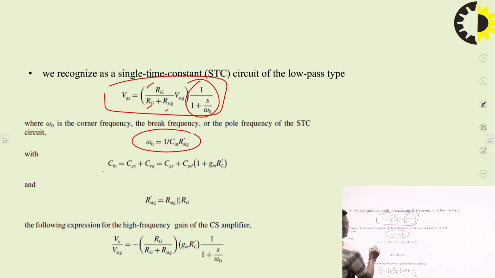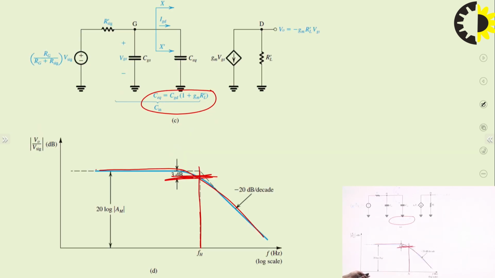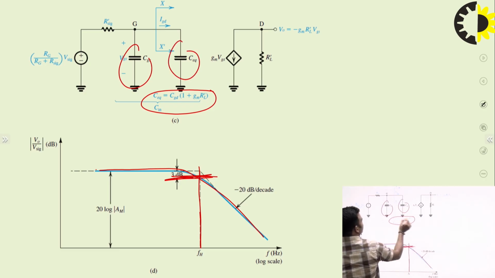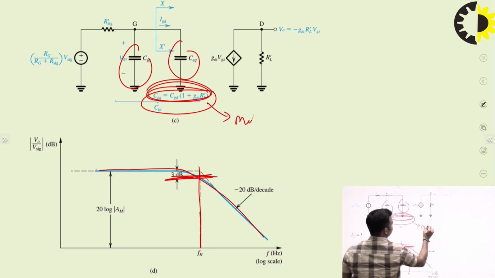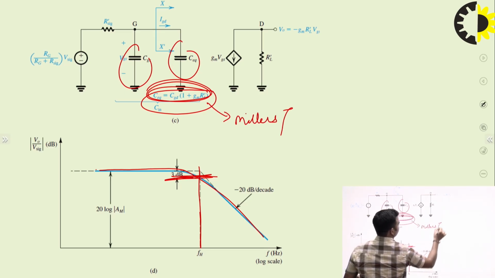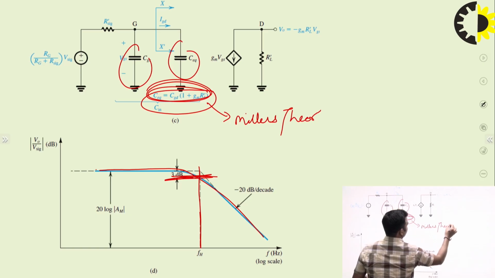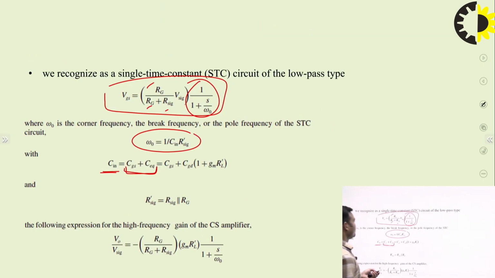And C in, you have already found, is the combination of CGS and C equivalent, which has been found with the help of Miller's theorem. So now we can write it as CGS plus C equivalent, and R dash signal is R signal in parallel with Rg.